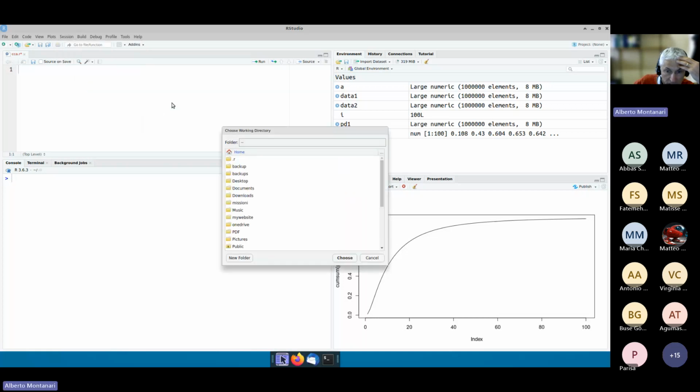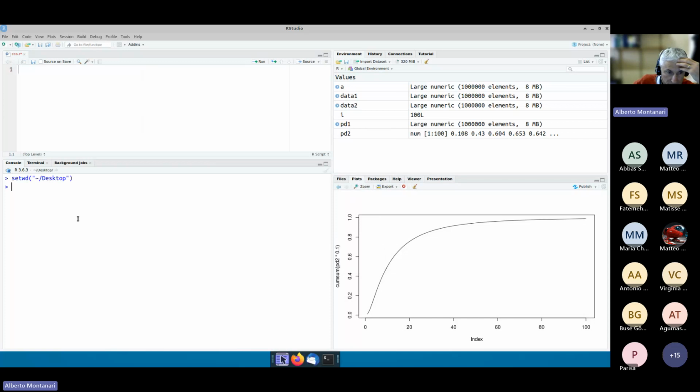I select my desktop here, choose. Perfect. You see here in the console, we got an instruction, setwd desktop. You have to do the same in Windows.